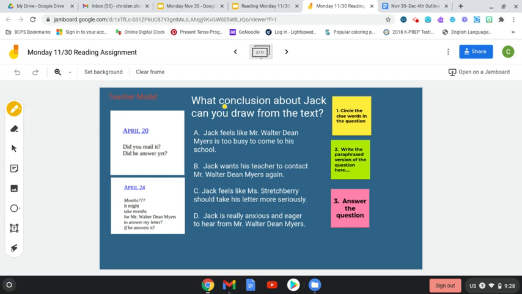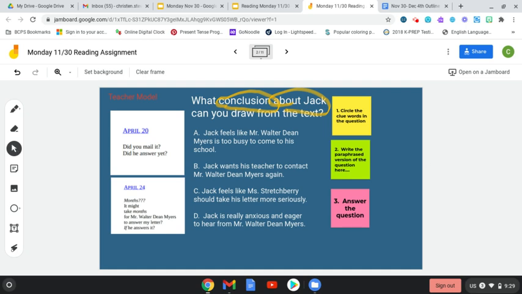When I see this word conclusion, I know that's really important. And then about Jack, I think is important. So, what conclusion can I draw about Jack? That's really the focus, is me coming to a conclusion about Jack.